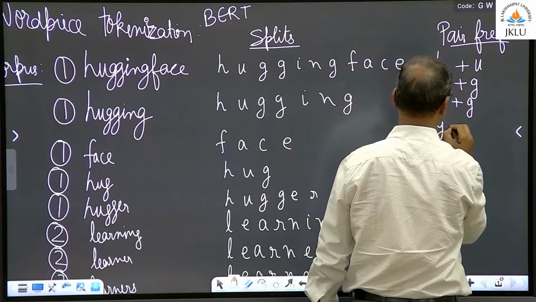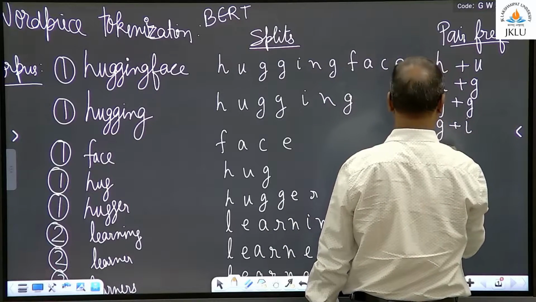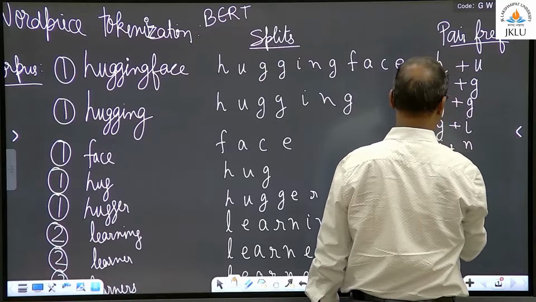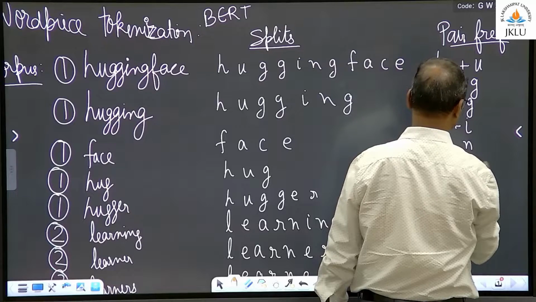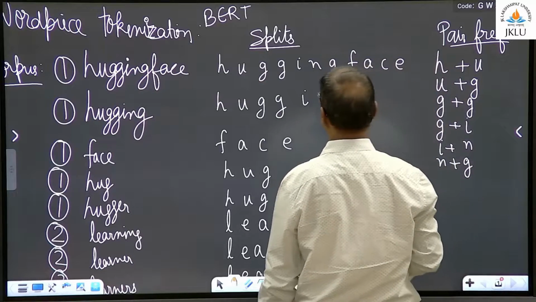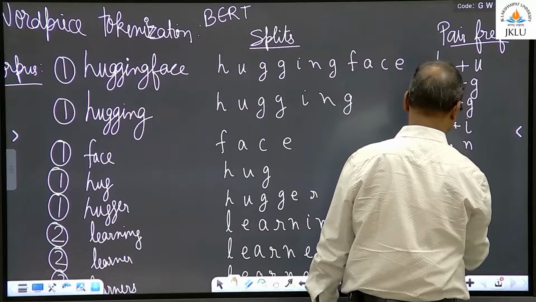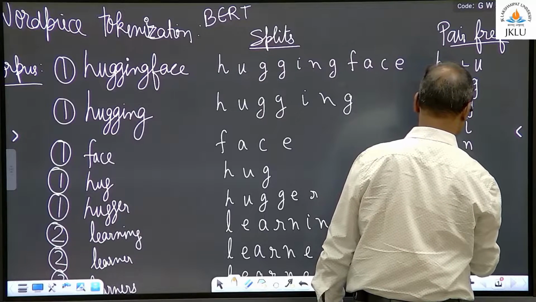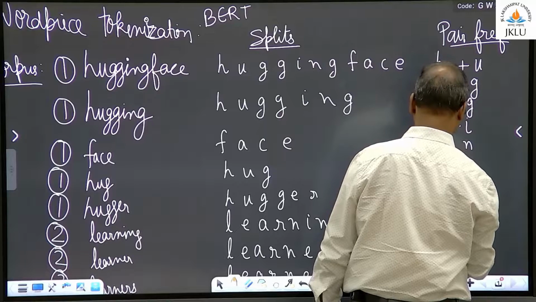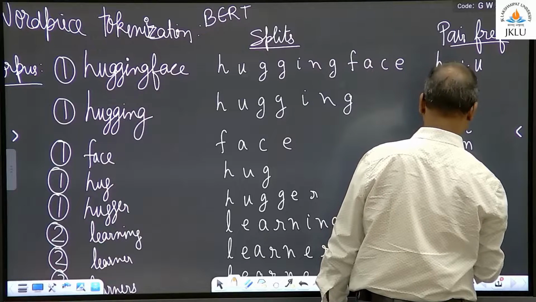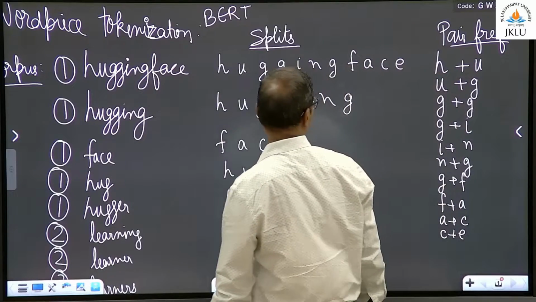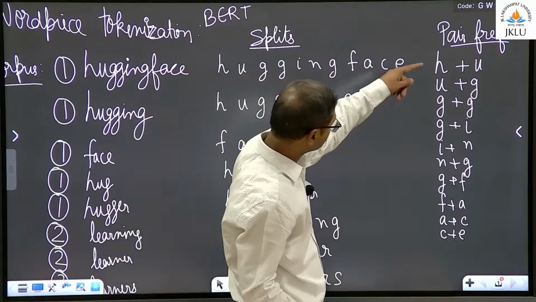So G plus I, I plus N, N plus G, G plus F, F plus A, A plus C, and then C plus E. Only one word done so far. So 3.